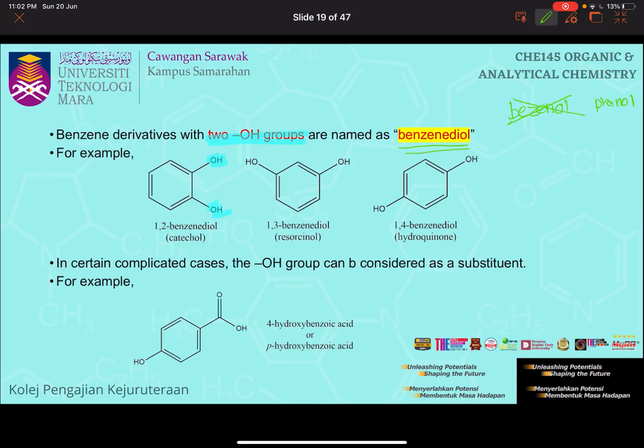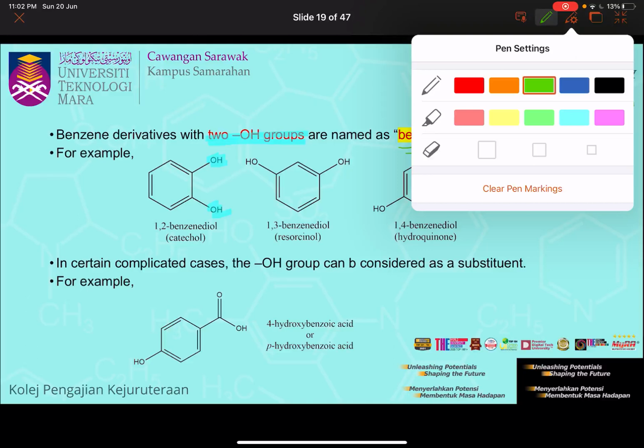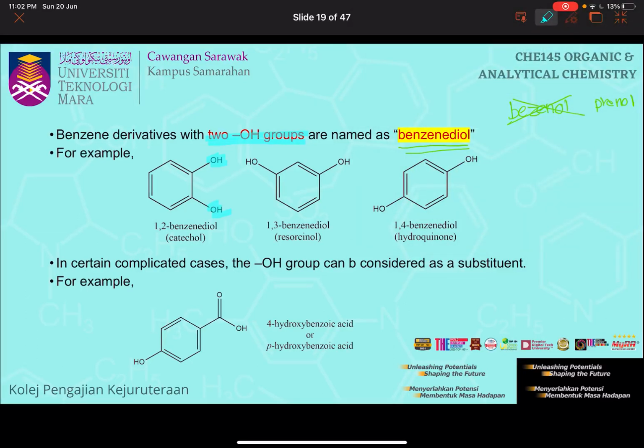But if there are 2 OH groups, then only can you use benzene diol: 1,2-benzene diol, 1,3-benzene diol, 1,4-benzene diol. Please don't use ortho, meta, para here, it is not suitable. The ones in brackets are their common names.